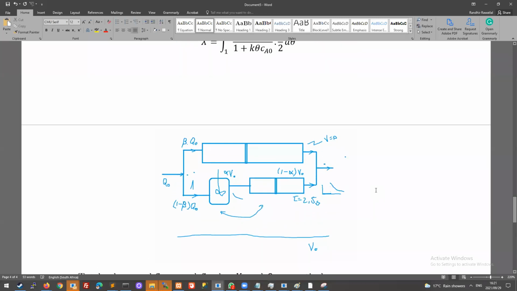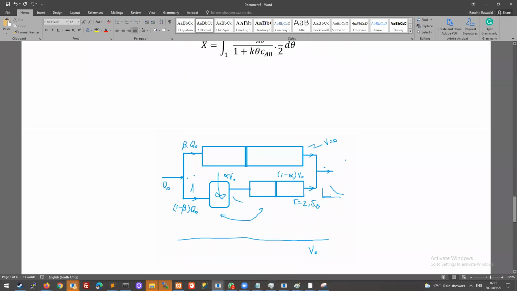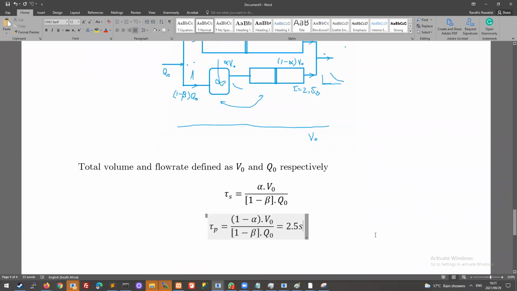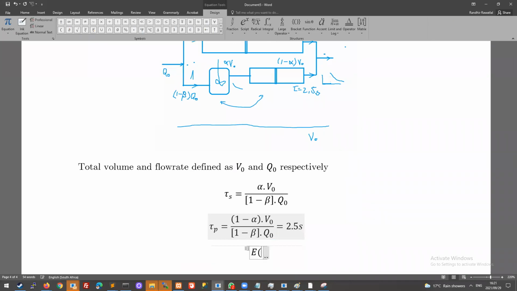It asked for the equation giving us this picture. You'll see again in the lectures how to derive this fully, but I'm just going to write it out here. Let's write it as Q naught times E theta.